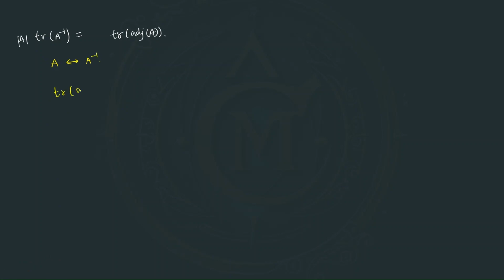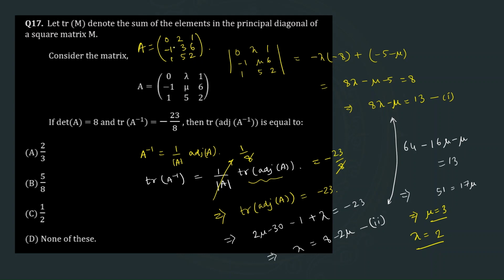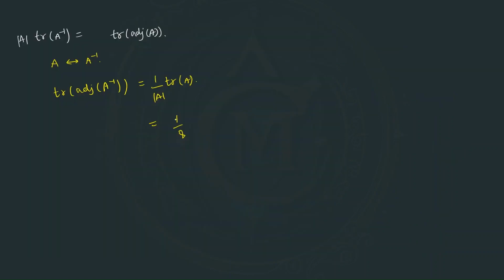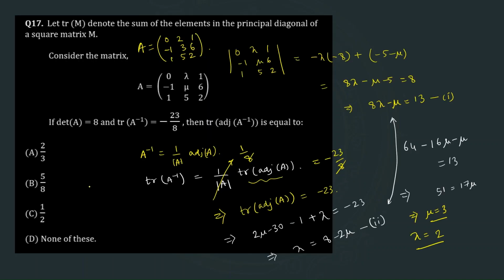So trace of adjoint of A inverse will be equal to trace of A multiplied with determinant of A inverse, that is 1 over determinant of A. Determinant A we already knew, so it becomes 1 by 8 times trace of A, and trace of A we can calculate because matrix A is known to us, which is 3 plus 2, so 5. So trace of adjoint of A inverse comes out to be 5 by 8. That means option B is the correct option for this question.